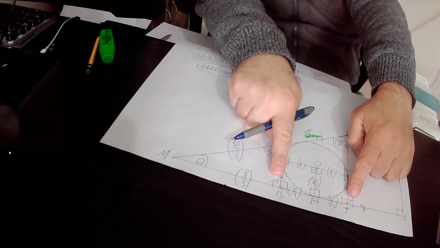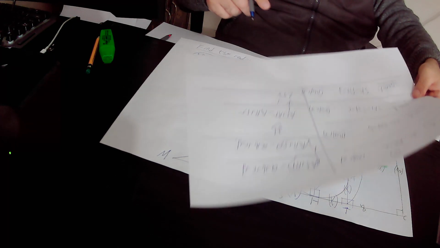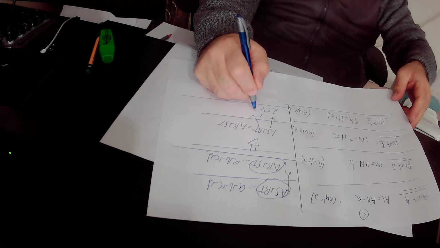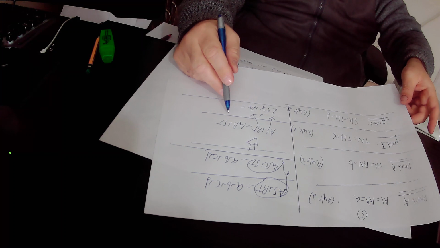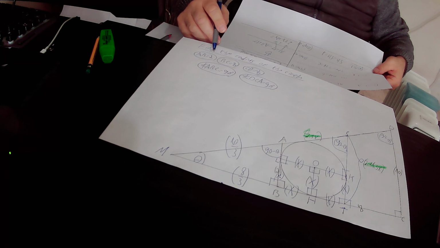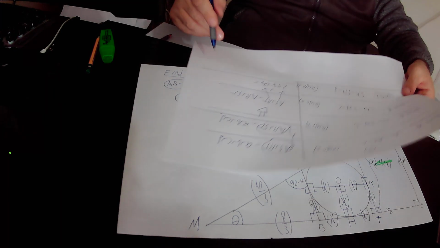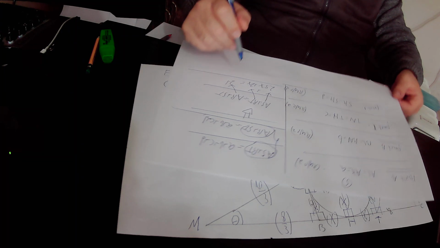Okay. So we substitute BT by 2x. And it is equal to AB plus ST. AB equals 2. Therefore, we substitute AB by 2 plus ST.